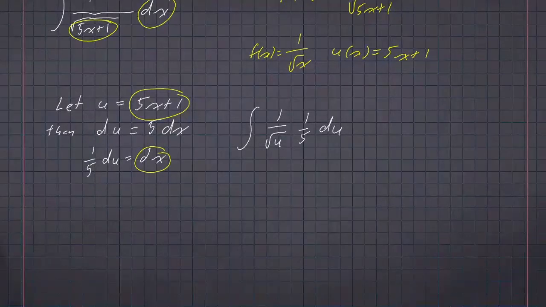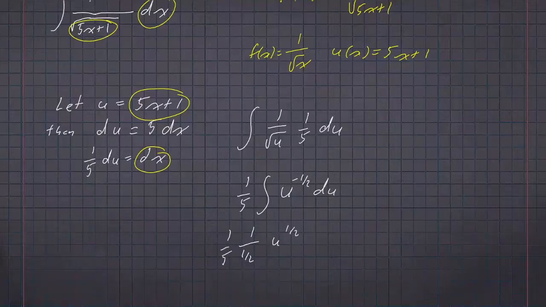Cleaning that up a little bit, we have 1/5 times the integral of u to the negative 1/2 power du. Using the power rule, we know that the integral of u to the negative 1/2 with respect to u is 1 over 1/2 times u to the 1/2. And then the 1/5 out front stays a 1/5 out front.